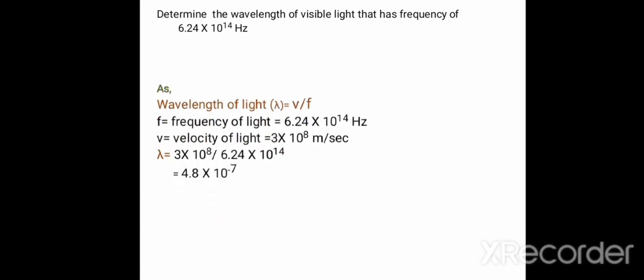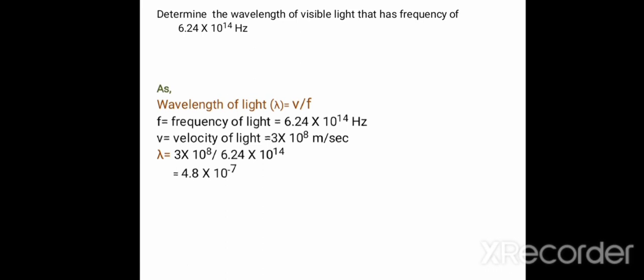Next question. Determine the wavelength of visible light that has a frequency of 6.24 into 10 to the power 14 Hz. To answer this question, we have to consider the formula, wavelength of light lambda is equal to v/f, where f is the frequency of light, which is mentioned here as 6.24 into 10 to the power 14 hertz, and v is the velocity of light.